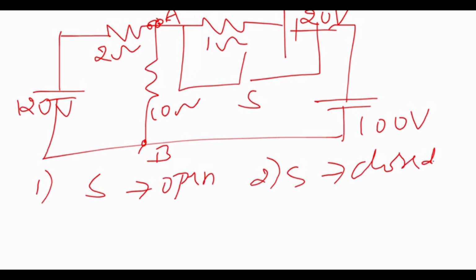So now let us go for the first condition. When the switch is open, we can neglect this particular circuit because the switch is open. So we can neglect that and write the remaining circuit. The circuit will be like this.